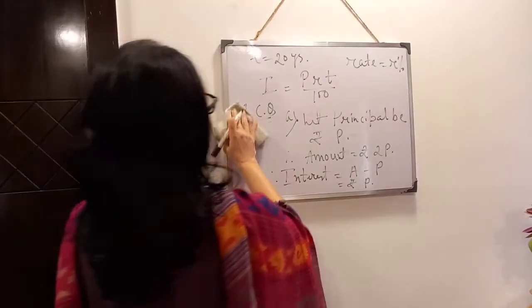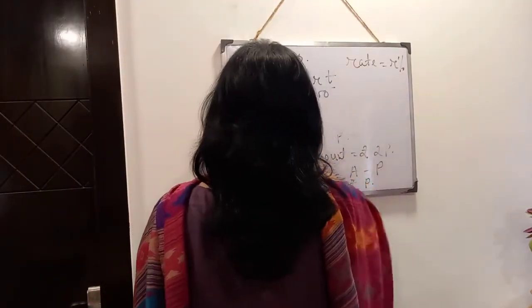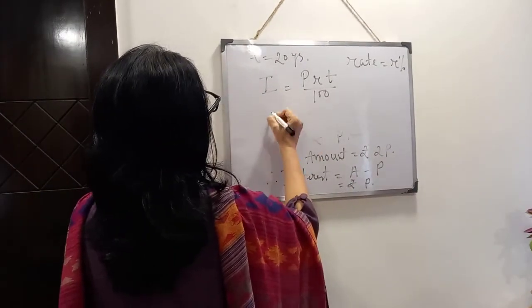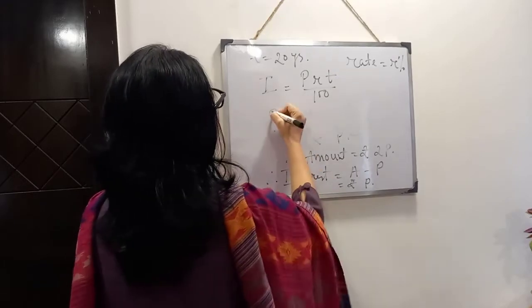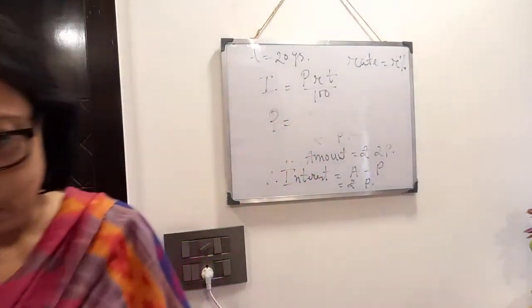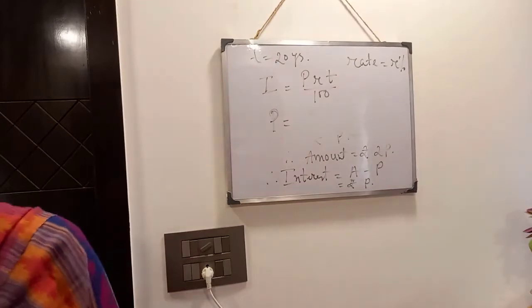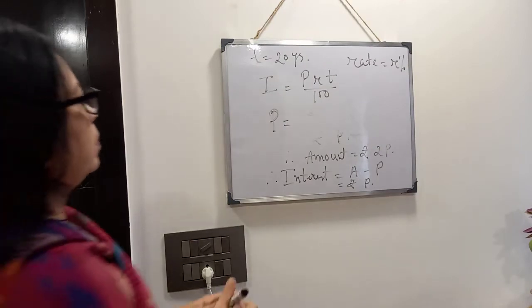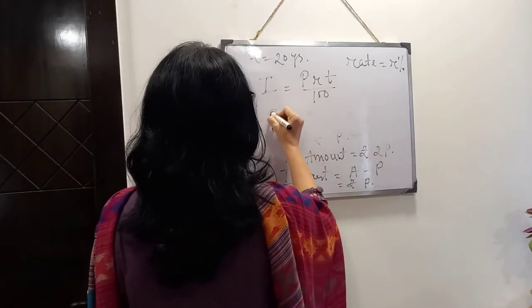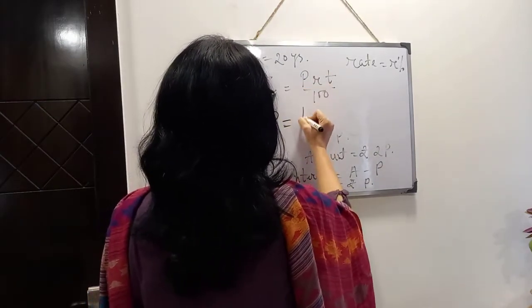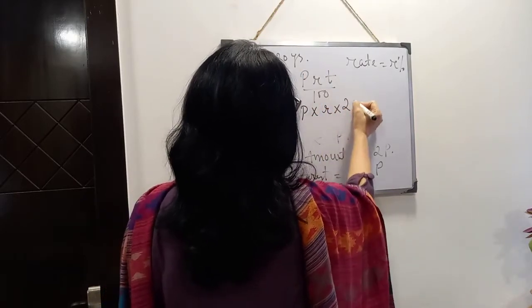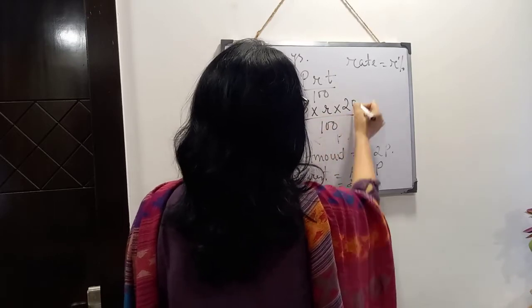Here I means P, P equals to P, R not given, T given 20 by 100.